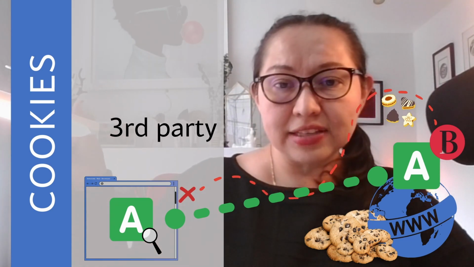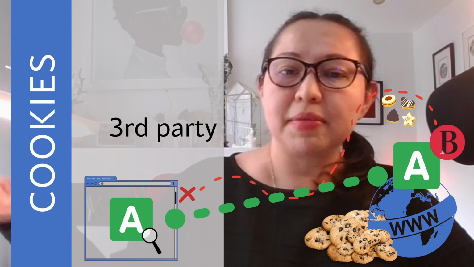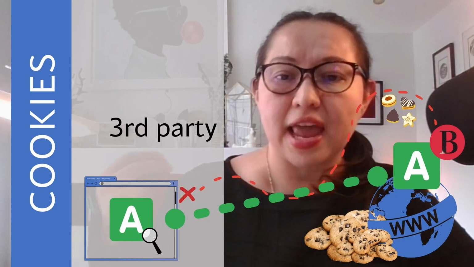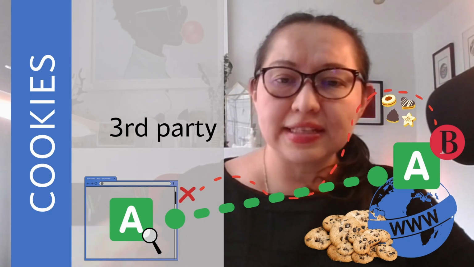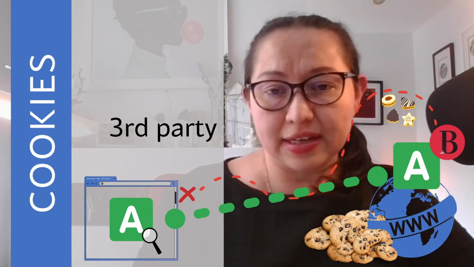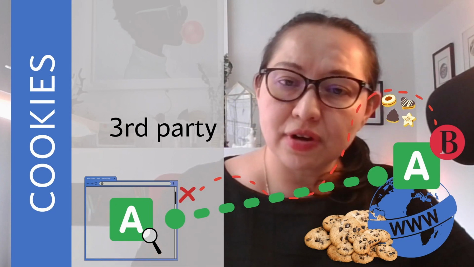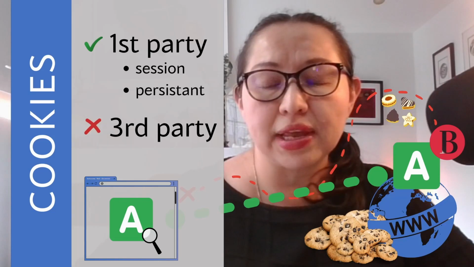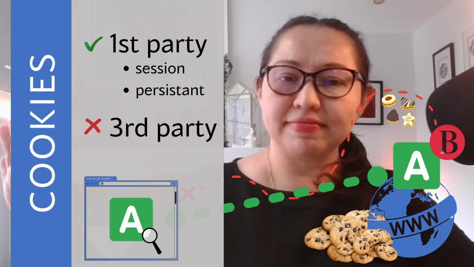So then this other site is sending me cookies because it's somehow linked by the A site. Why are they sending me cookies? Well, they want to track my activity. Basically, what they're used for is advertising. So these are the cookies that we can simply say no, thank you to.